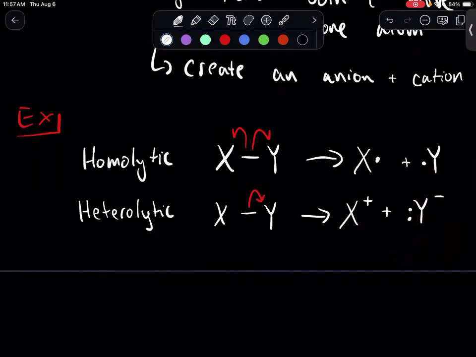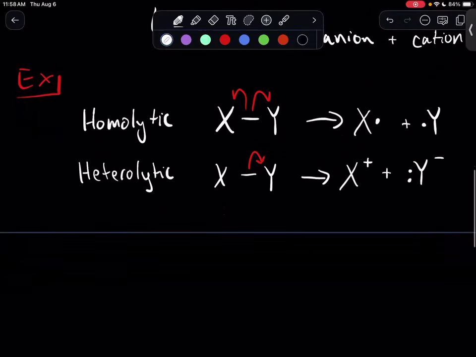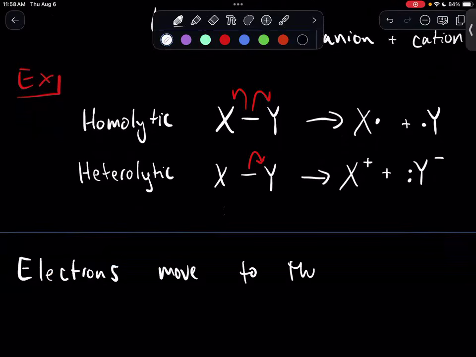With this, we can kind of look at why this actually happens. Why do electrons move all the way to one versus the other? And the answer is probably more obvious than you expect, but really, electrons move to the more electronegative species.